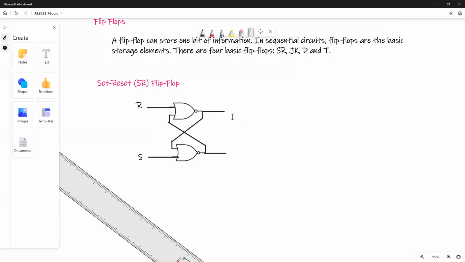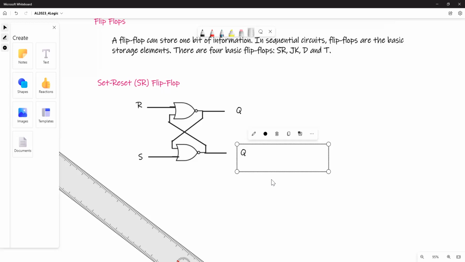So the output is Q, and the next one will be Q bar, the complement of Q. So this is interesting, Q bar, or you can say Q dash. In my case I'm putting it like this, but you can use a bar. So the output here is Q, and this is Q bar.